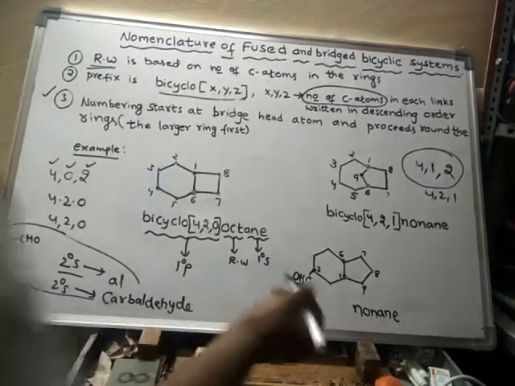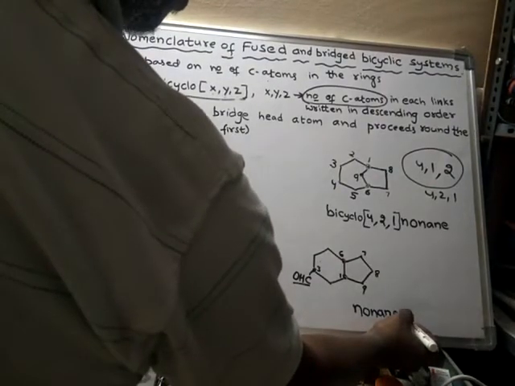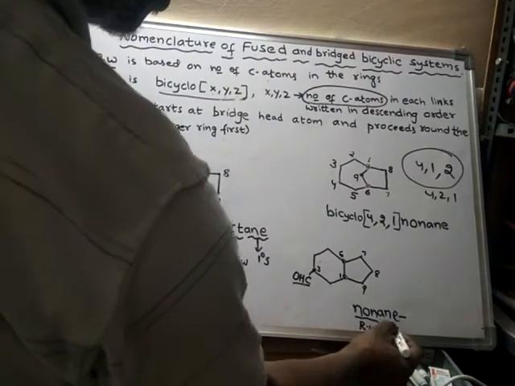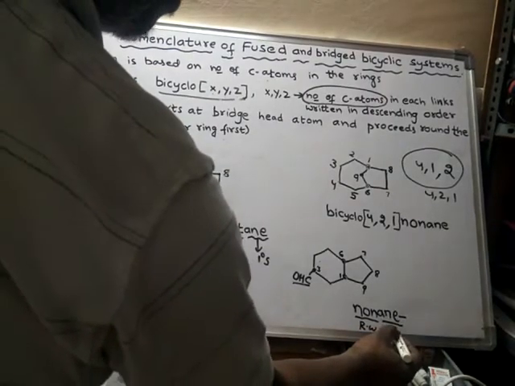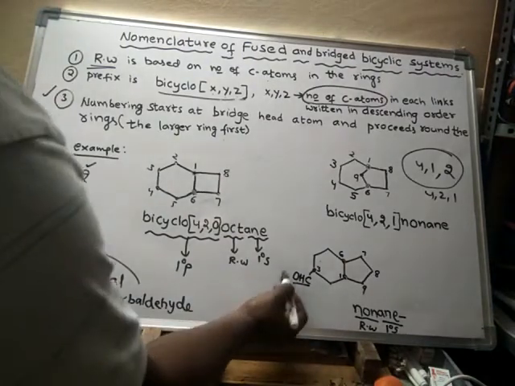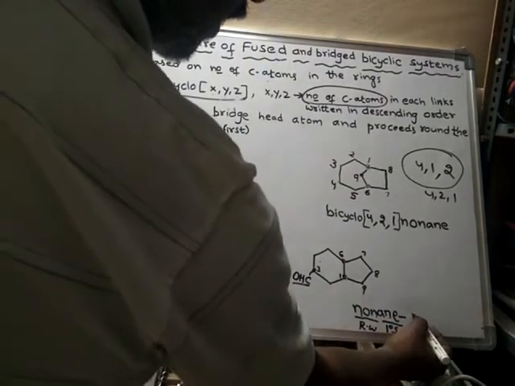So now the name: here "non" means root word, "ane" means it is a primary suffix, and what is the secondary suffix? Carbaldehyde.